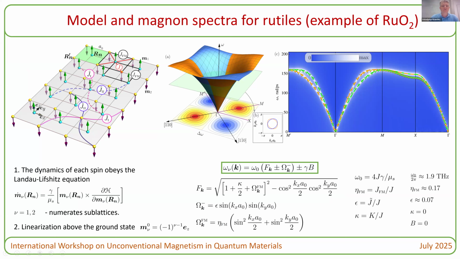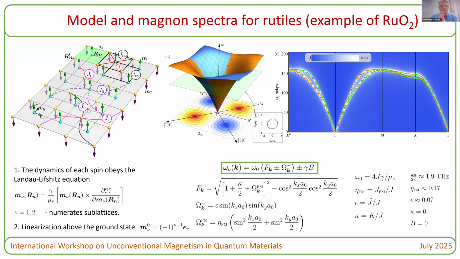Also, we take into account ferromagnetic exchange within each of the layers, and altermagnetic properties are modeled by this additional Heisenberg exchange interaction between next-to-nearest neighbors within one of the sublattices. And also here you see this symmetry. So J1 tilde for one sublattice is in another sublattice this Heisenberg bond will be perpendicular.